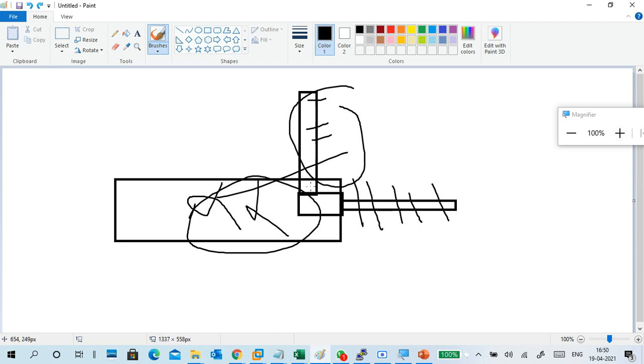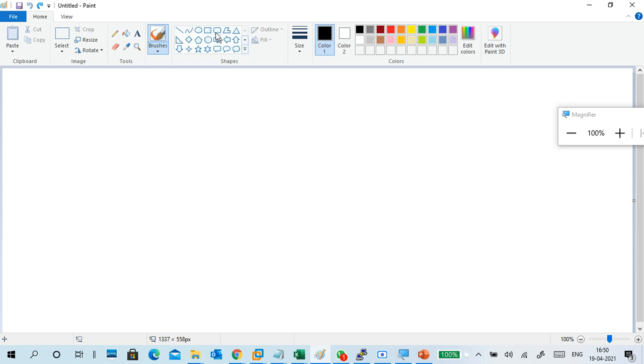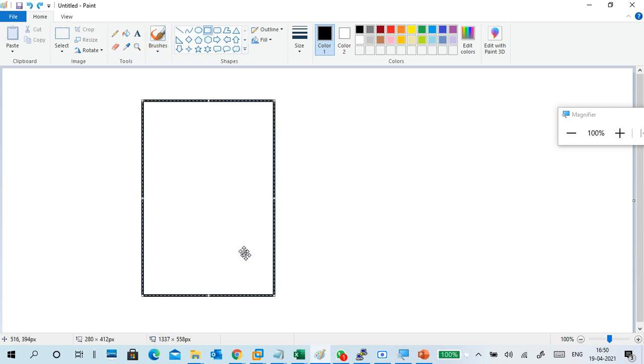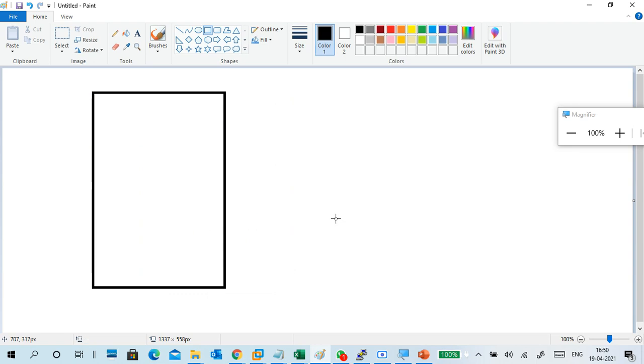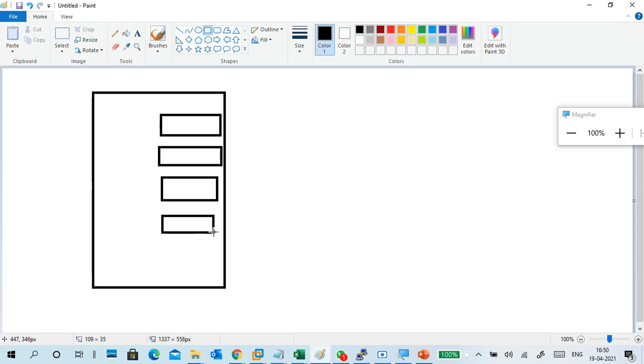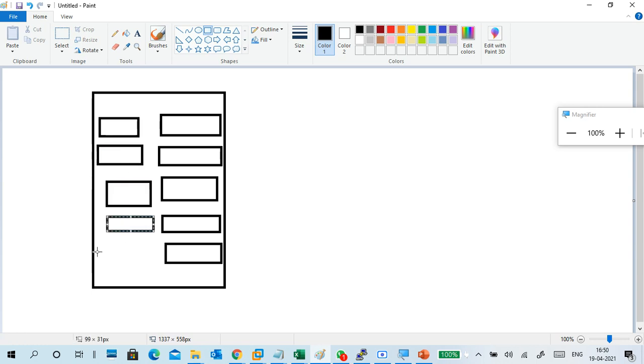So what they did is they took a SCSI box. This is an empty SCSI box. Inside you can put a hard disk, a SCSI hard disk directly.